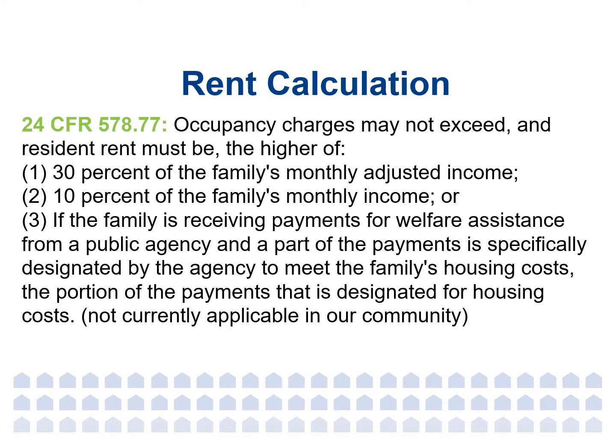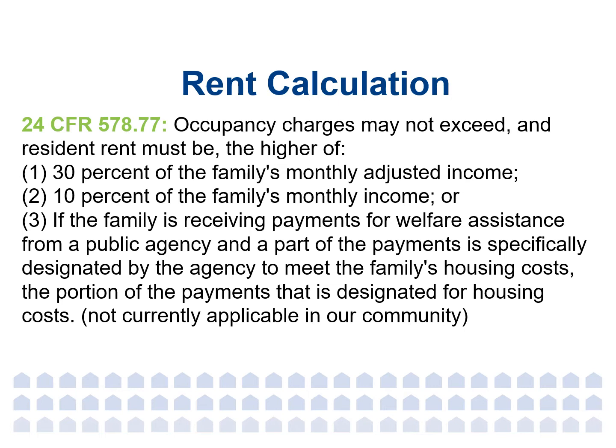Rent and occupancy charges for participants in PSH projects are to be calculated based on the household income. The regulations state that occupancy charges may not exceed, and participant rent must be the higher of 30% of monthly adjusted income, 10% of gross income, or the amount of welfare assistance designated by the Agency for Housing Costs.